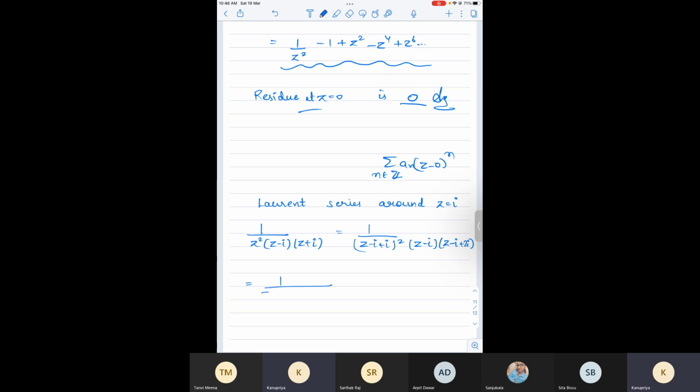Now we can write it as (z minus iota) as it is, and take 2 iota common here. So this will be 1 by minus 1 by 2, (z minus iota) as it is, and (1 plus (z plus iota) by 2 iota) to the power minus 1, and (1 plus (z minus iota)).